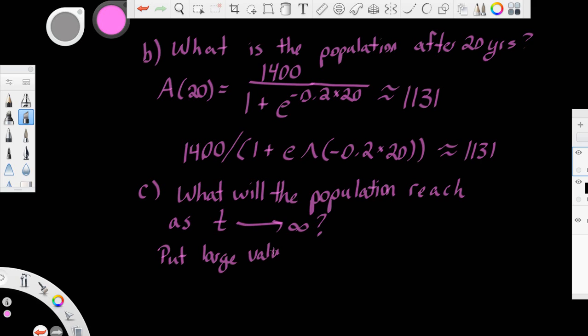You can test this by putting in large values of t. And what you're going to see is that the number is going to get really close to 1400.